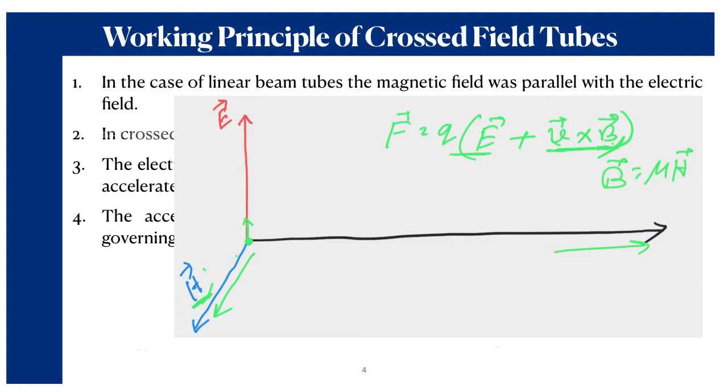Therefore, due to the influence of the force caused by the magnetic field, while the particle gets accelerated along the vertical direction, the particle simultaneously will bend along this direction. As the particle gets accelerated more and more along the vertical direction, more force due to the magnetic field will also be applied over the particle, and the particle bends more along the perpendicular direction.